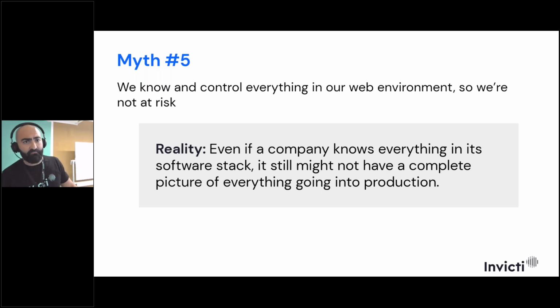So myth 5: we know and control everything in our web environment, so we are not at risk. For me, at least, there is no 100% secure application. You will still have vulnerabilities that you are not aware of.